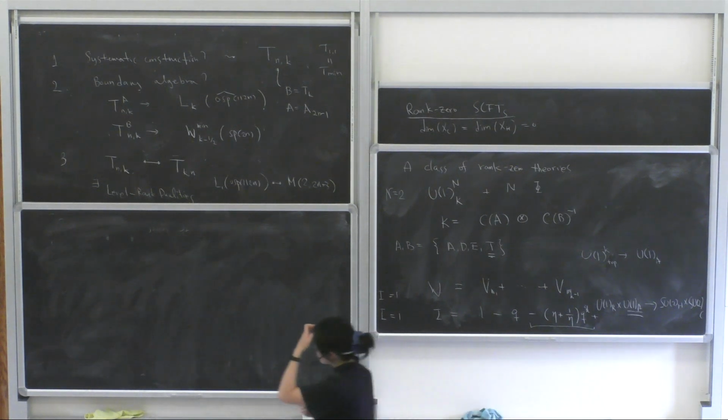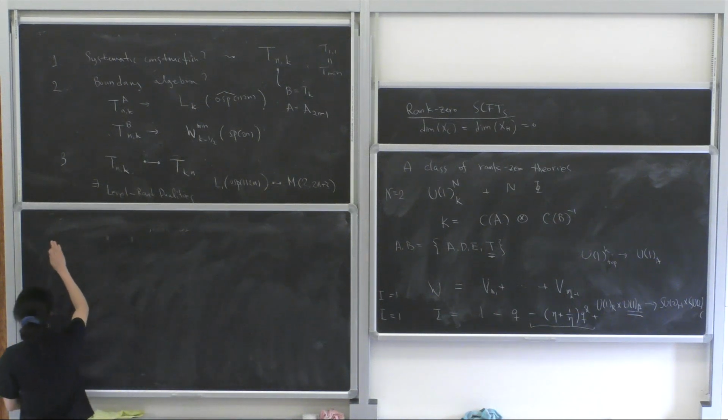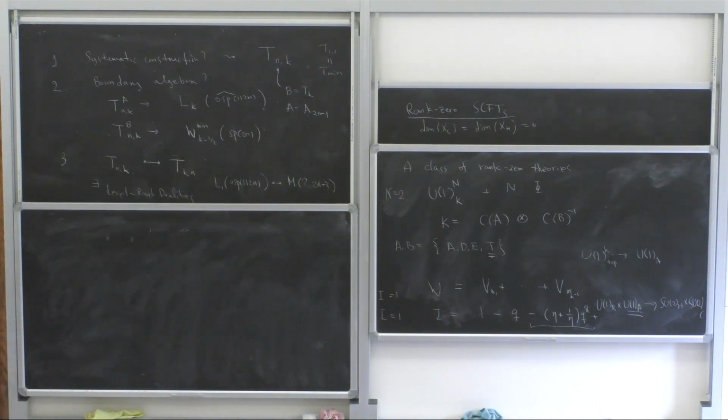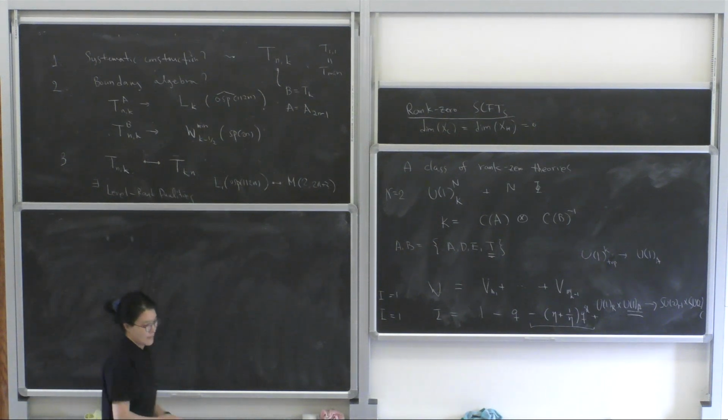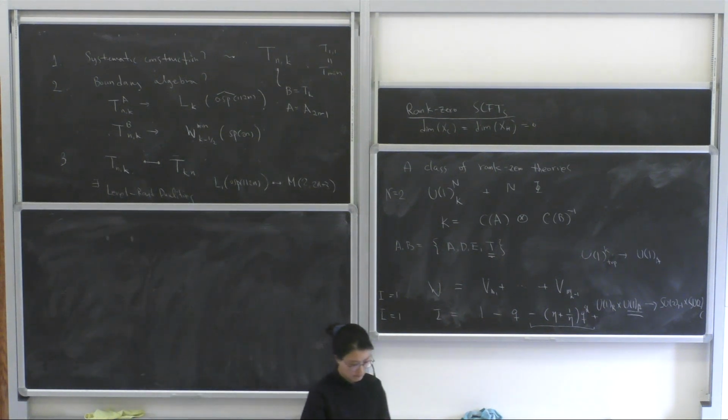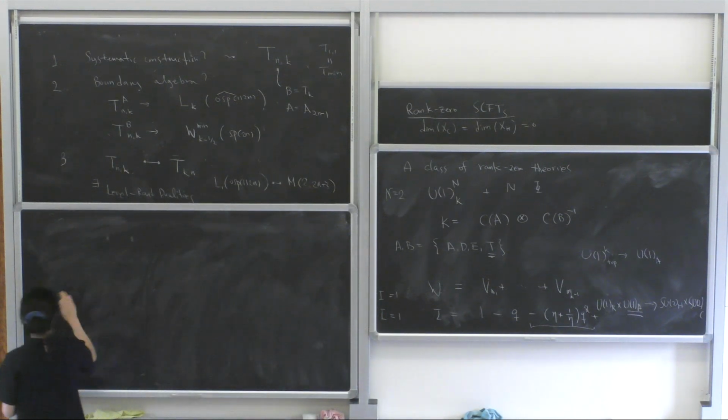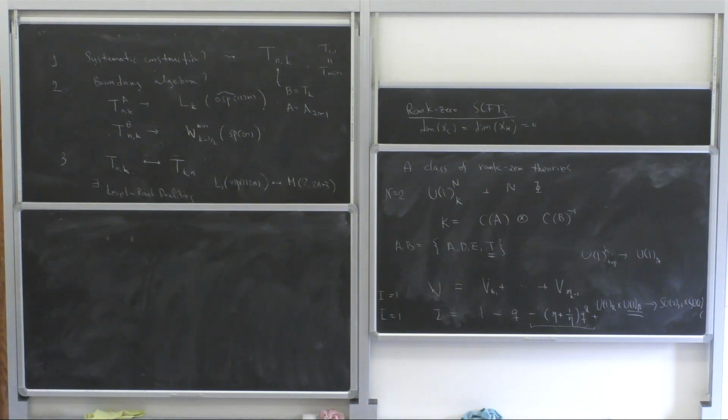So the important property that we use is that the characters of the rational VOAs are modular functions. And it's known that a large class of the characters of rational vertex operator algebras can be written in one of the following forms.